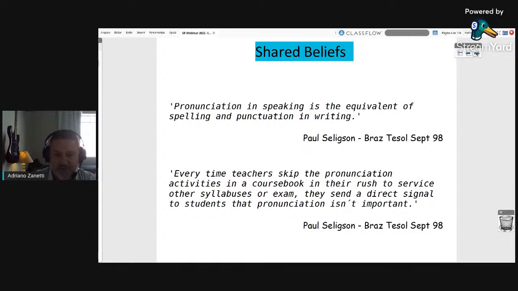And he goes on to say that if we as educators tend to skip pronunciation work in our daily practices, the message we are giving to our students is that pronunciation is not that important.